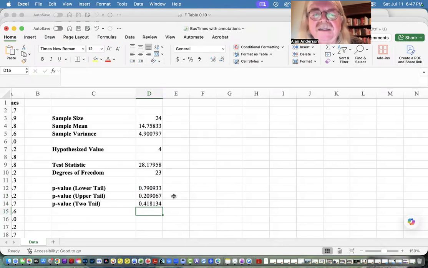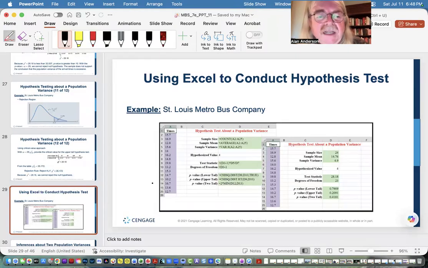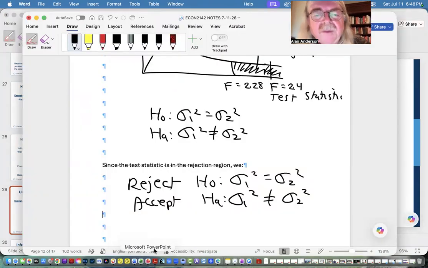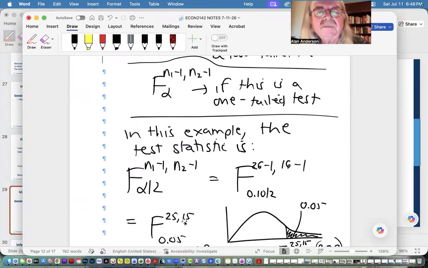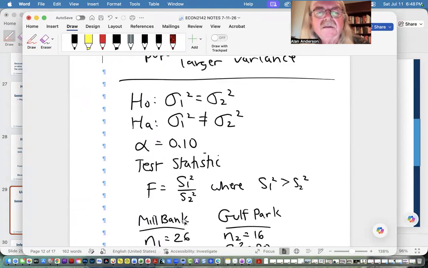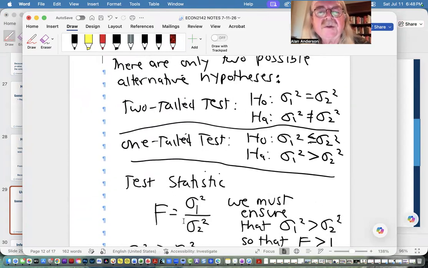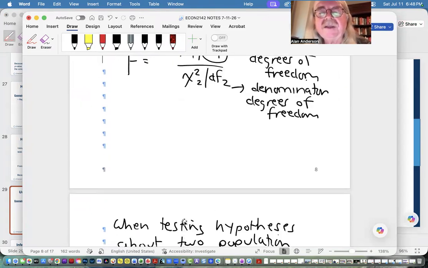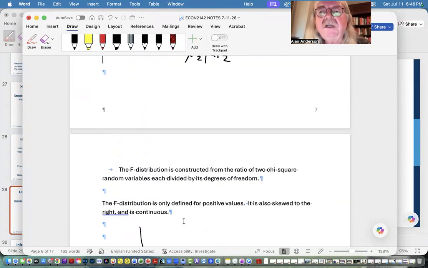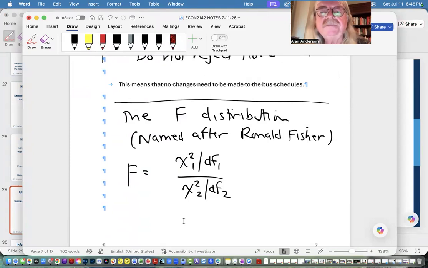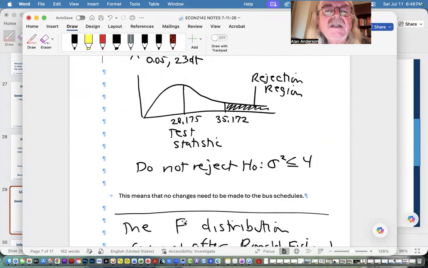So it's a very high p-value, which means we do not reject the null. And that's what we discovered when we did this in the slides or the notes. And remember, the St. Louis Bus Company, they do not have to make a change in the scheduling because we were not able to reject the null.